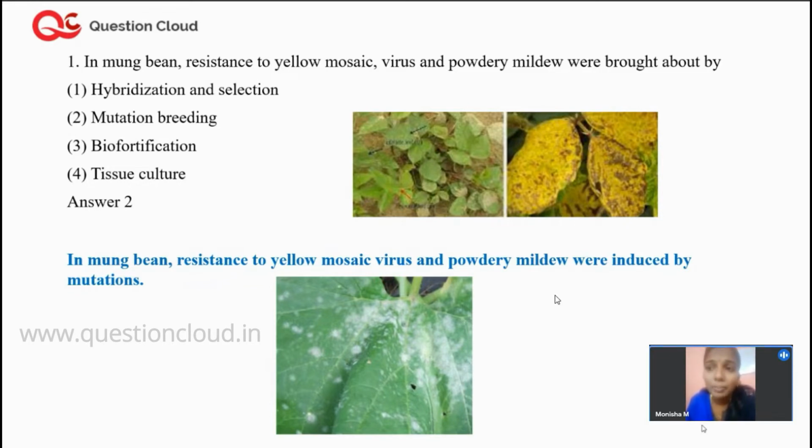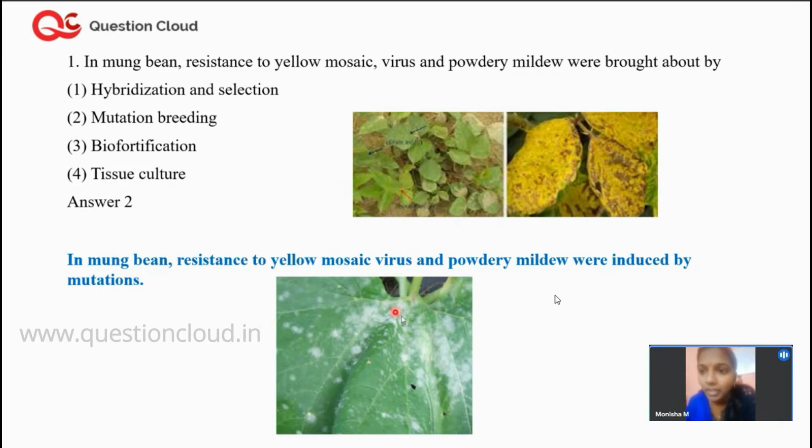In order to make the plants resistant, moong bean, in Tamil we call it pachapayir. To make the green gram plant resistant to virus, we need a technique, and that technique is called mutation breeding. Mutation breeding is a very commonly used technology for creating crops resistant to virus, especially the yellow mosaic virus.